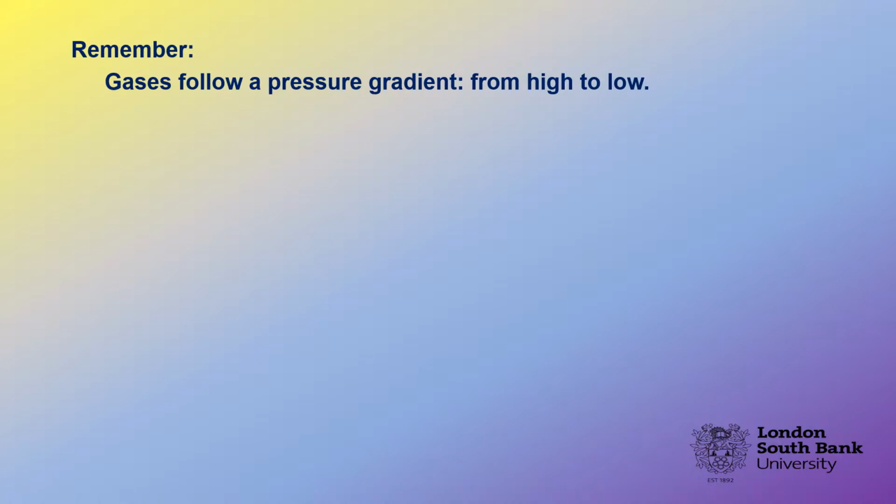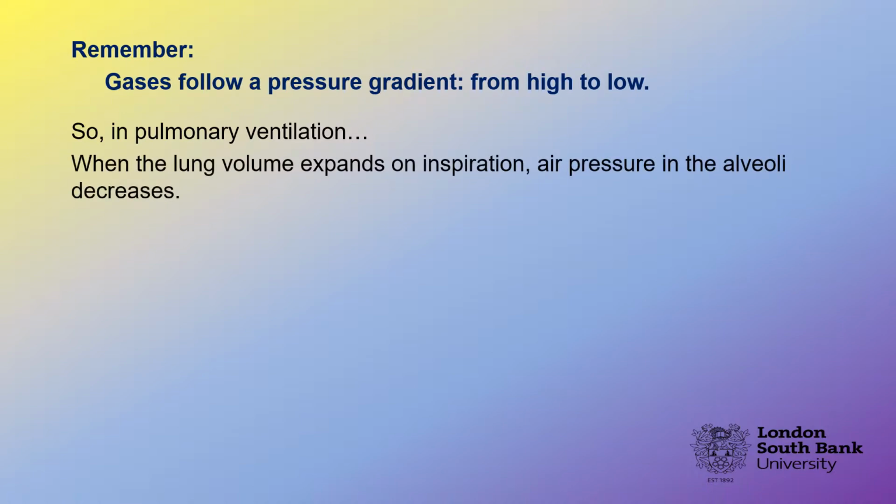So remember, gases follow a pressure gradient. This is a pressure gradient, not a concentration gradient, or an electrical gradient for that matter. A pressure gradient. And they move from a high pressure area to a low pressure area. So in pulmonary ventilation, when the lung volume expands on inspiration, air pressure in the alveoli decreases.